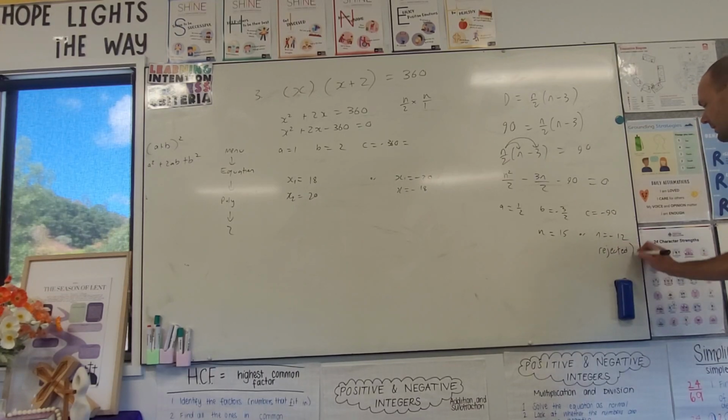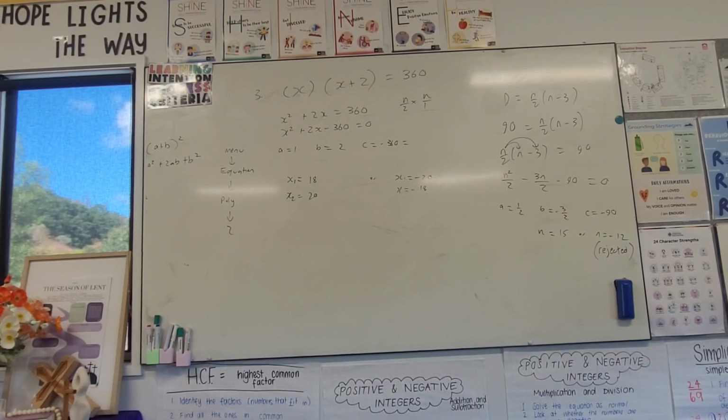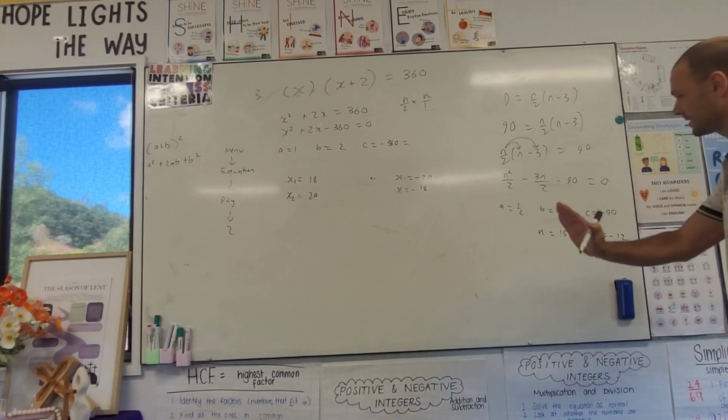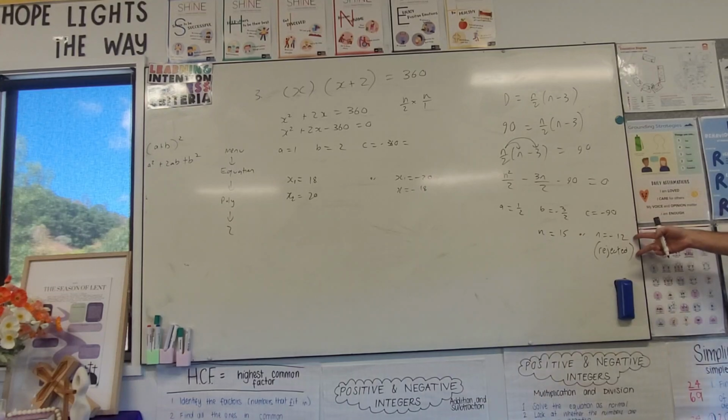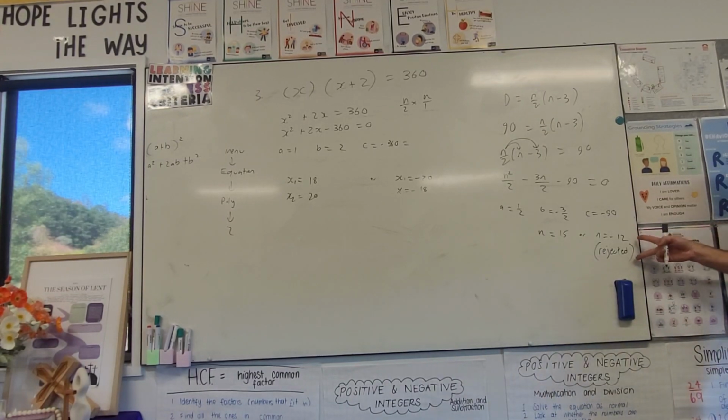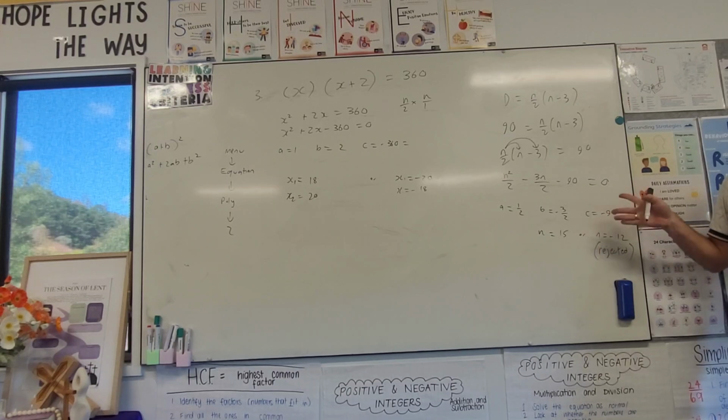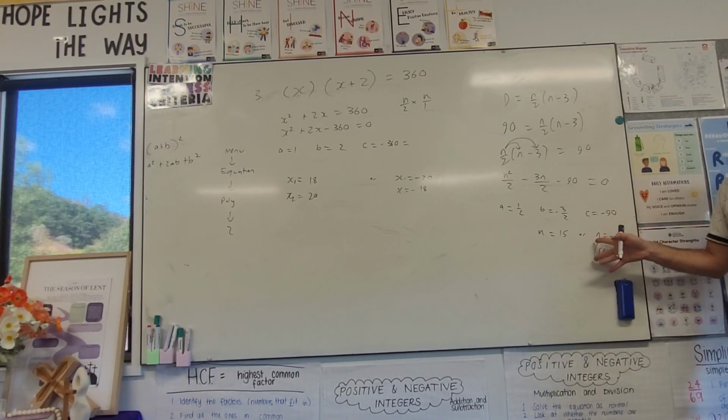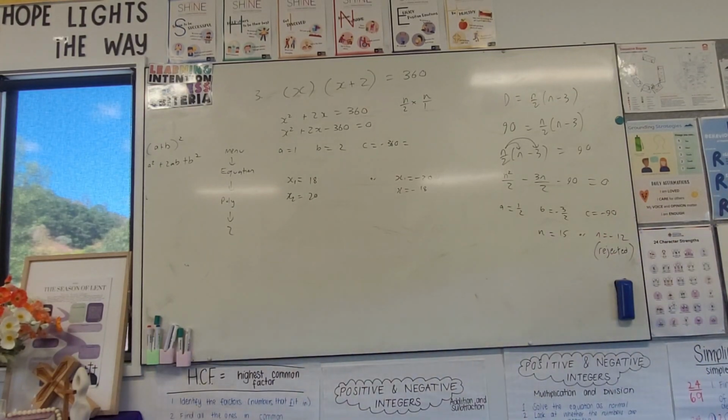It's rejected because you can't have a negative number of diagonals in a shape. It always has to be a positive number of diagonals, so we reject the negative solution. Now, the reason why we sometimes reject negative solutions will depend on the context, and it's going to become very clear in the examples we work through in a moment.